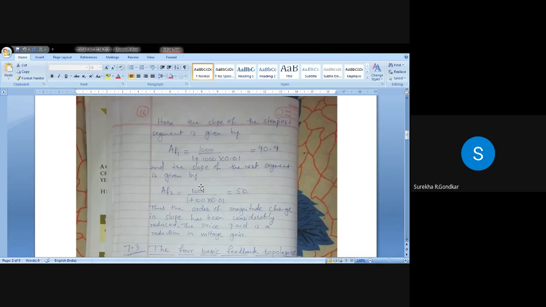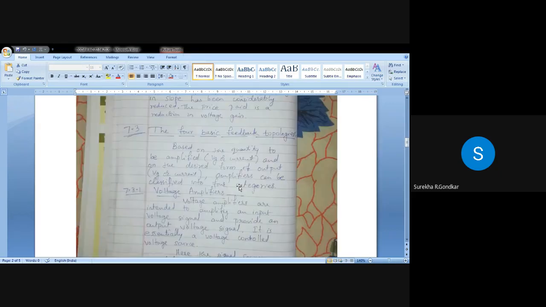What we observe from this example is that negative feedback will reduce the dependency on the open loop gain of the amplifier, and thereby it will improve the linear portion in the characteristic. The linear portion is enhanced by using negative feedback because it is reducing the slope of each of the segments in the transfer characteristic.